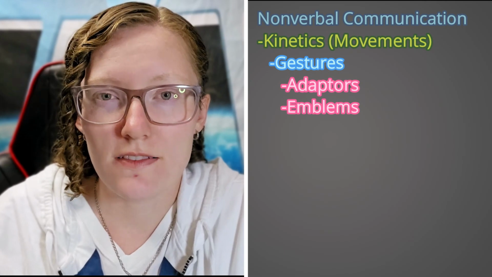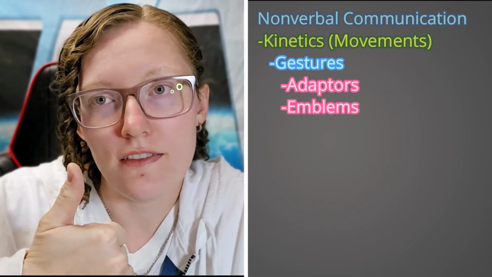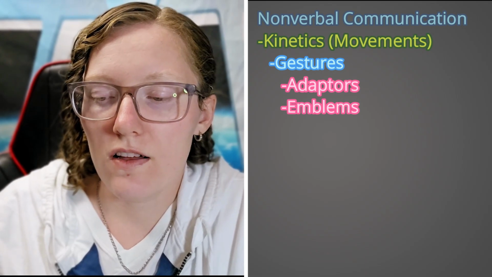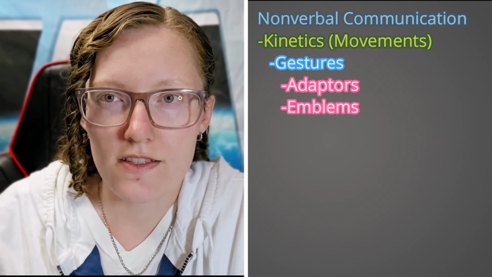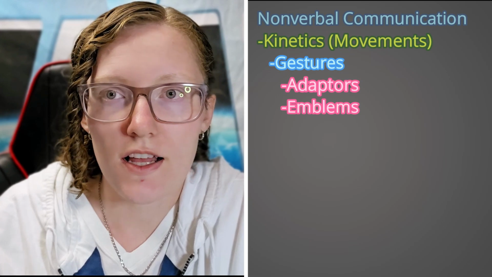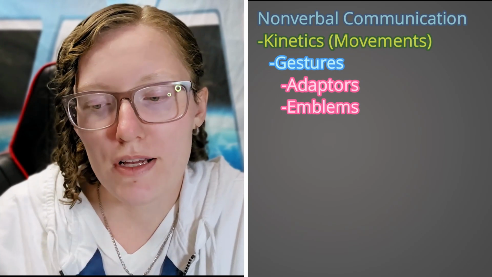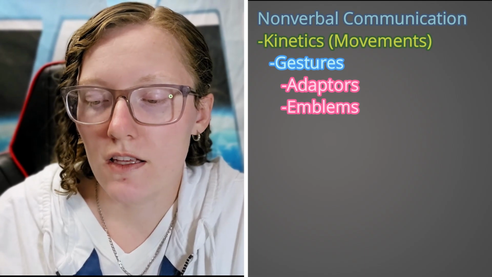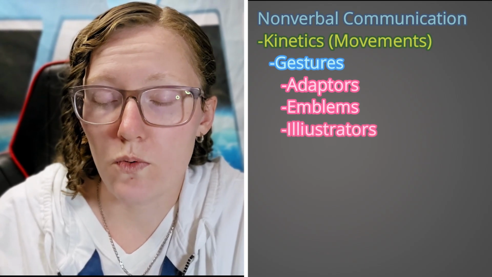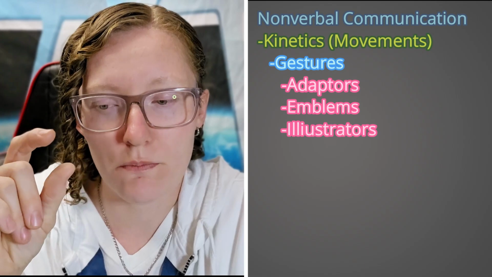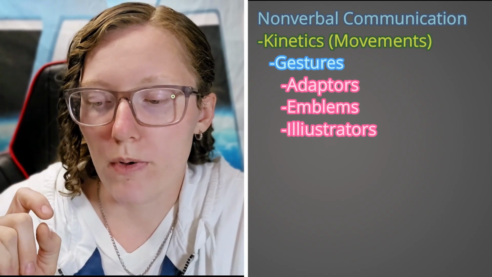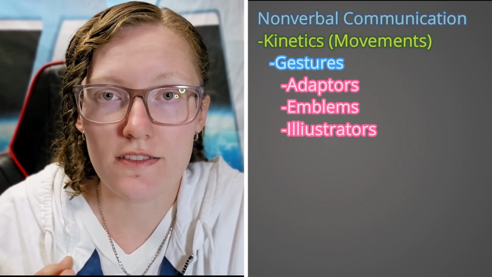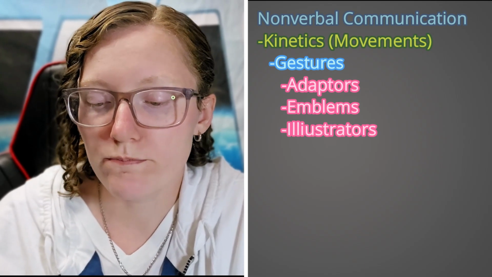Emblems would be things like a thumbs up or the peace sign. These are gestures that are not like American Sign Language, but are a movement we use to communicate. And illustrators, so we might indicate the size of something by moving our body, and that illustrates the point of what we're saying.